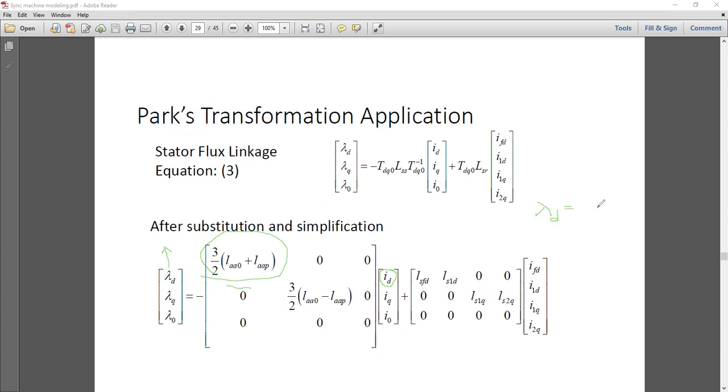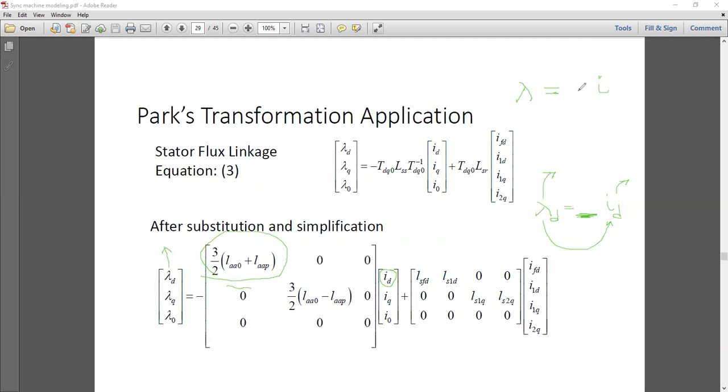How can we write this? What is the relation between lambda and I? How can we relate? Magnetic circuit basics. Any flux linkage and I. Anyone?